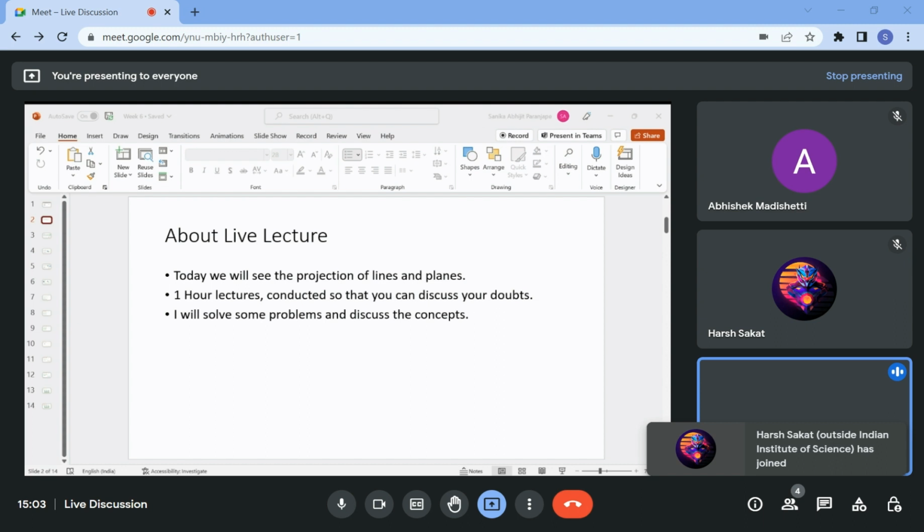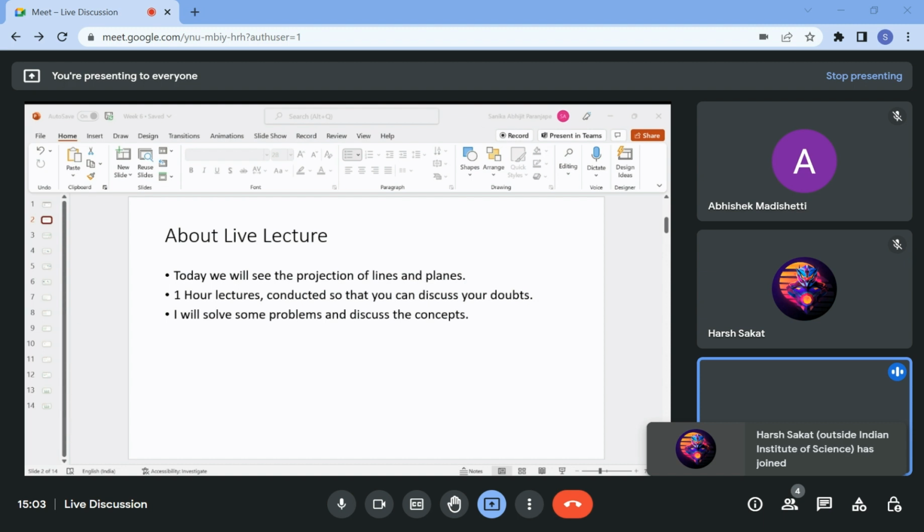We'll trace a circle whose radius will be L cos 45, and here my height will be L sin 45. Similarly, over here this will be L cos 30. If you see this triangle, this is my length and this is 30. So L cos 30, and this height will be L sin 30.